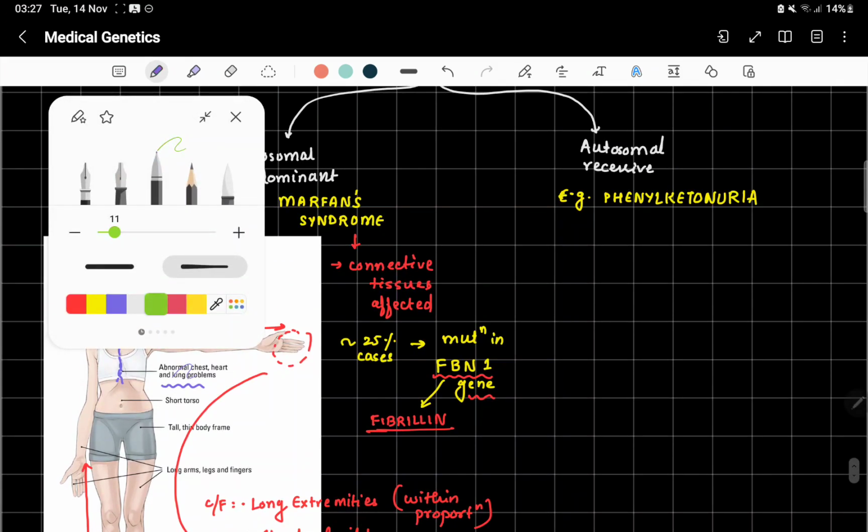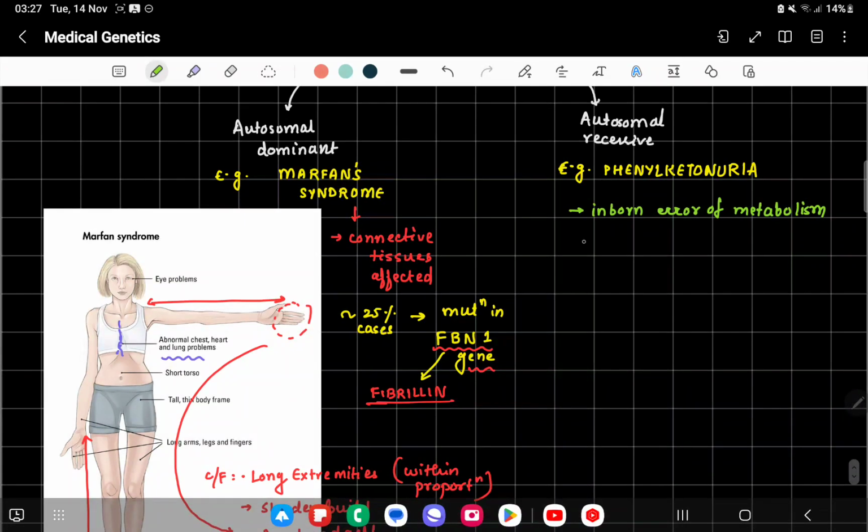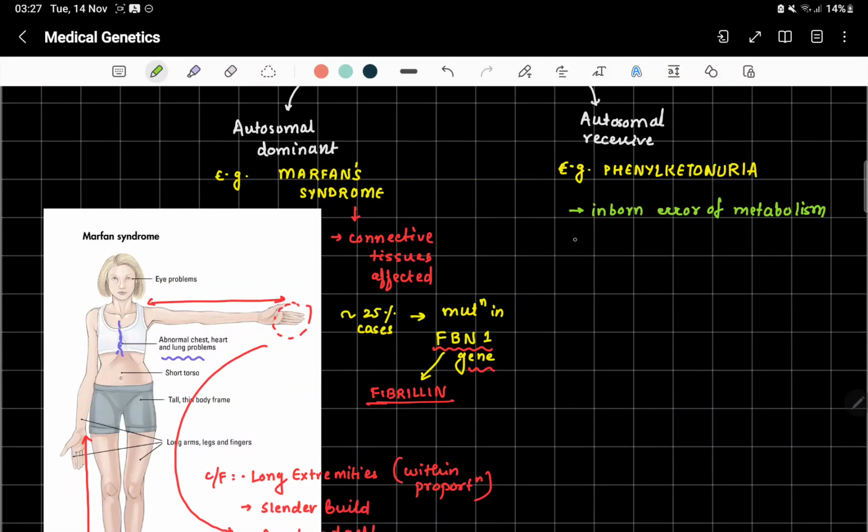Then we will talk about phenylketonuria. Phenylketonuria is an inborn error of metabolism, autosomal recessive in inheritance. The gene responsible for producing the enzyme, which enzyme is absent?